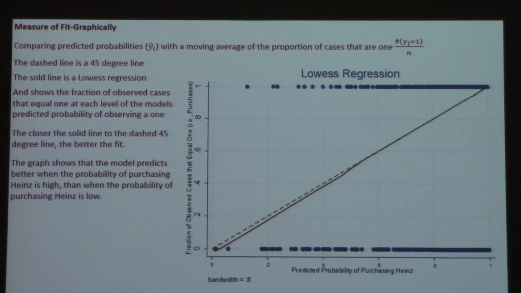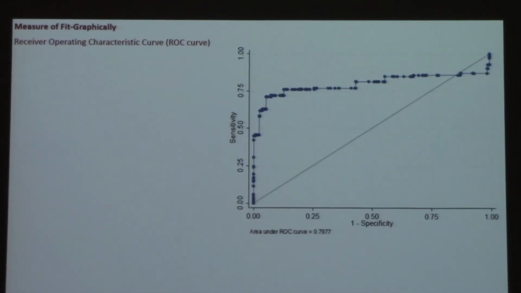We'll see why that could be true. Another measure is called a receiver operating characteristic curve. And this is kind of the opposite of the Lowess regression. For the Lowess regression, we wanted that line as close to the 45-degree line.